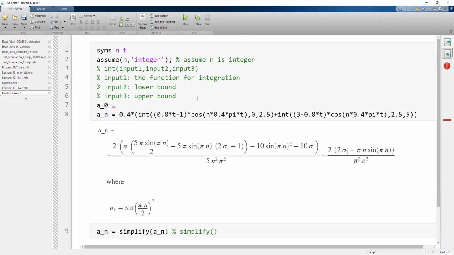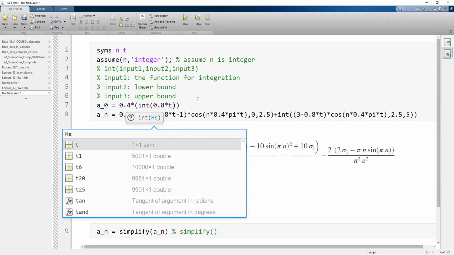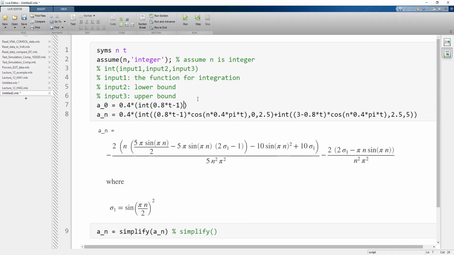Your A naught is 0.4 times the integration from 0 to 2.5 of 0.4t minus 1. And gosh, a lot of brackets.